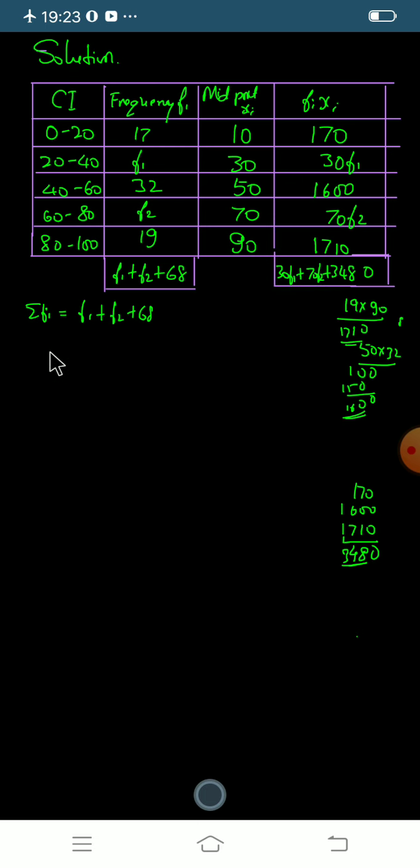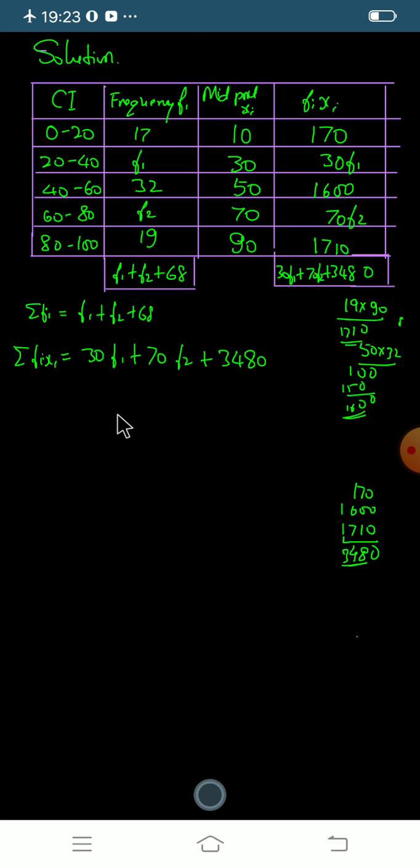So summation Fi xi is equal to 30 F1 plus 70 F2 plus 3480. Now these are the results.